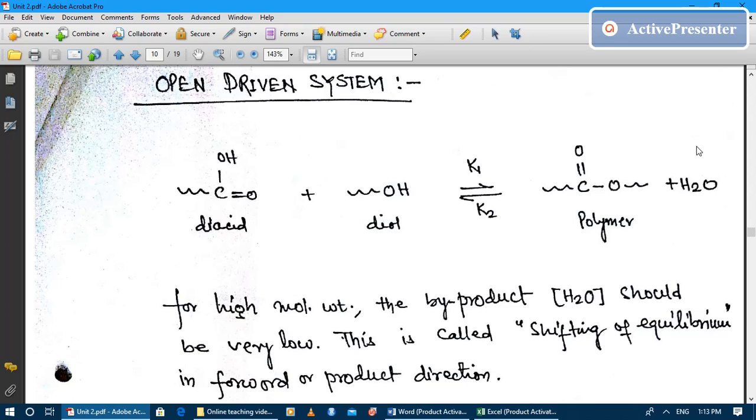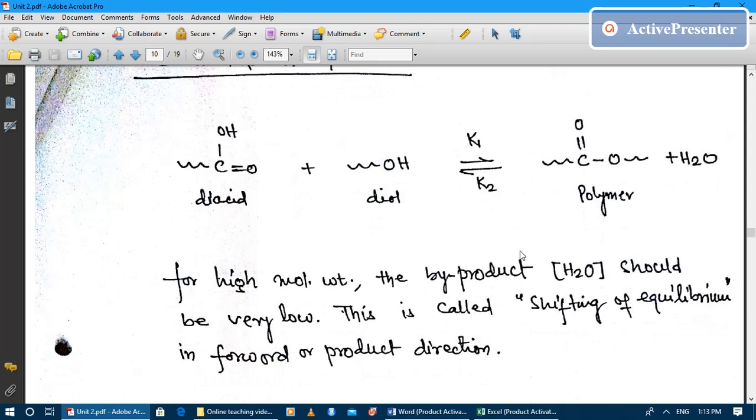So we are shifting the equilibrium towards the product side, and on our product side the polymer is our desired product, so it is our aim to shift the equilibrium towards the product side.